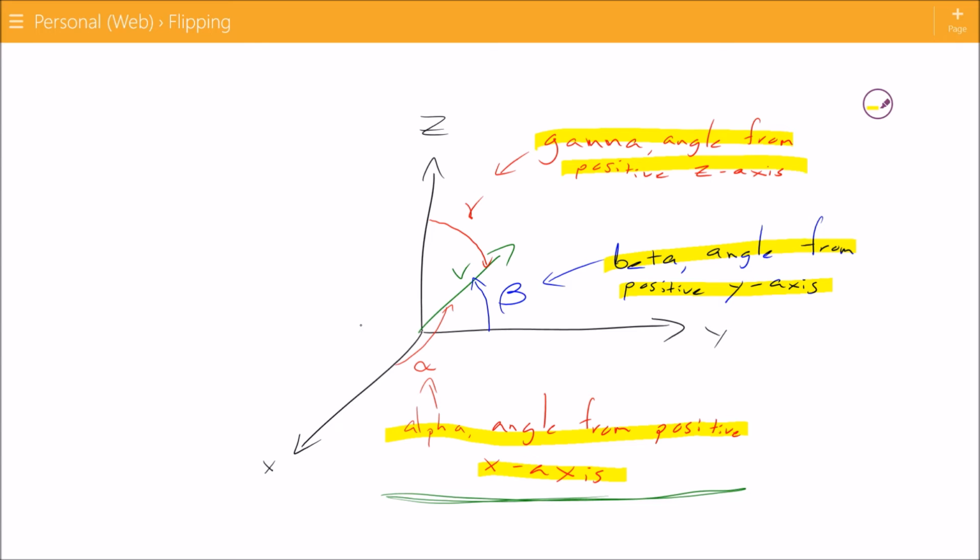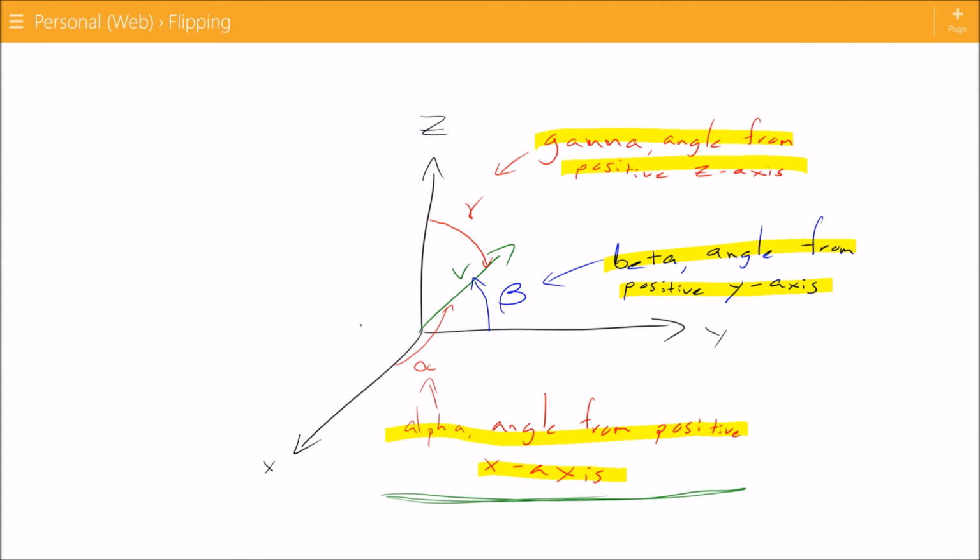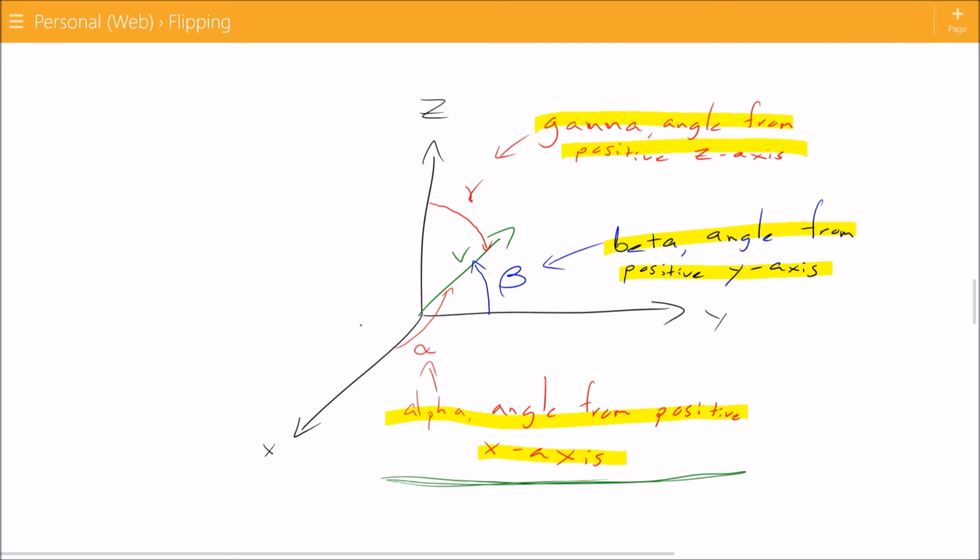That's this one right here. I would strongly recommend getting this down into your notes pretty much exactly as it is here, because this will help you visualize what we are working with.